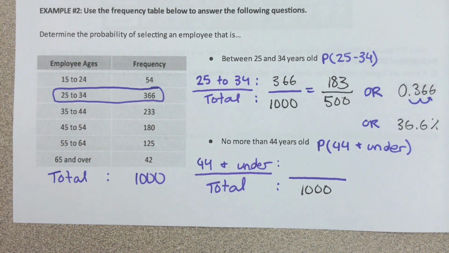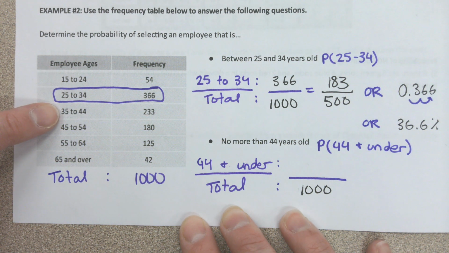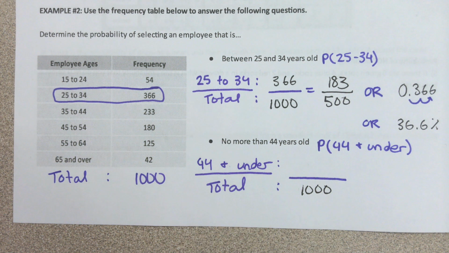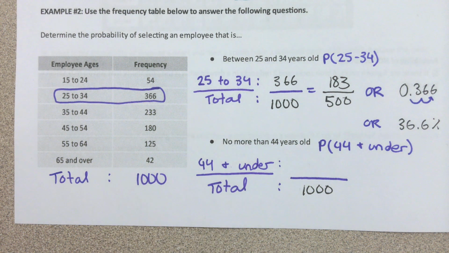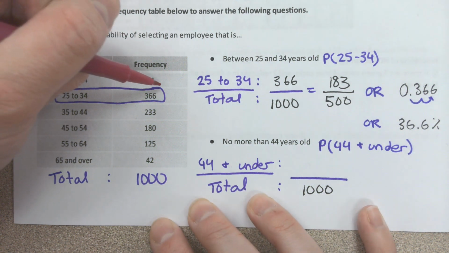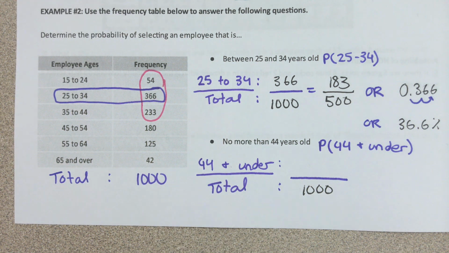Now this is going to comprise several categories. We go as young as 15, and then the 44 caps out at the third row. So all of these categories are included in that 44 and under category. So all three of those numbers, that's what we need.